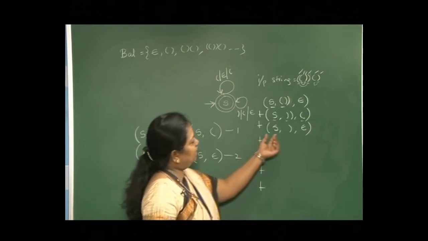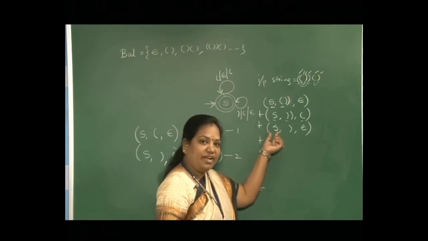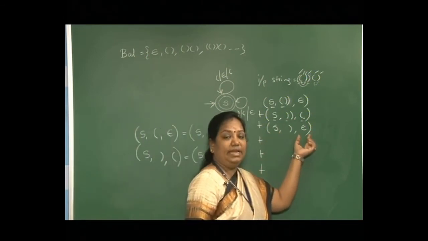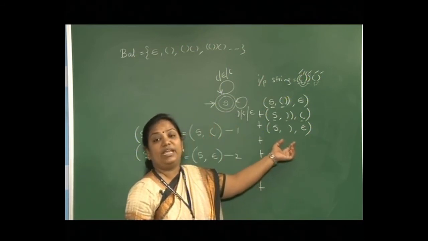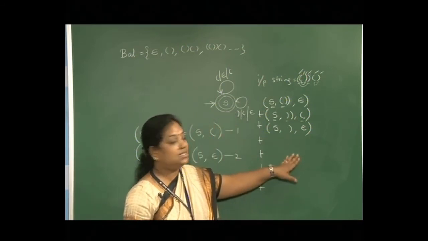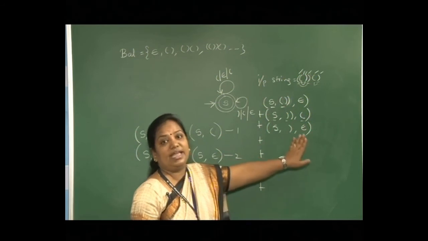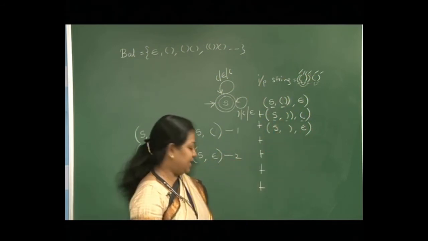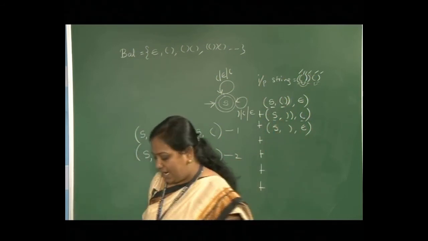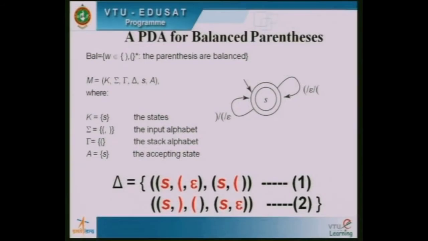Now if you see here, it has reached the final state, stack is empty, but the input stream is not empty. Hence this string is not accepted, it is rejected. So I hope it's clear how to design a PDA and check whether the given string is accepted or rejected.